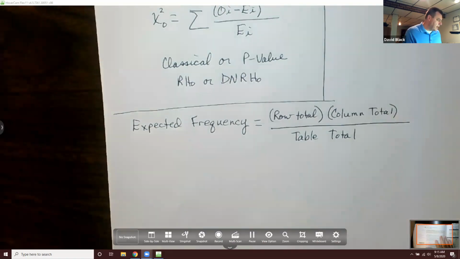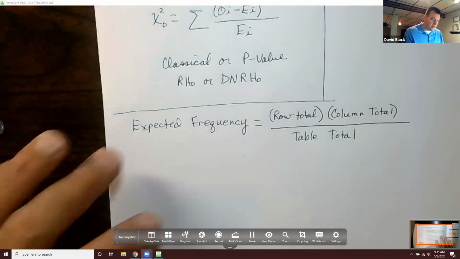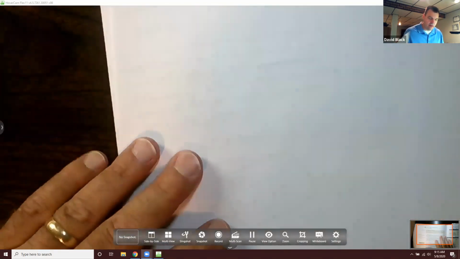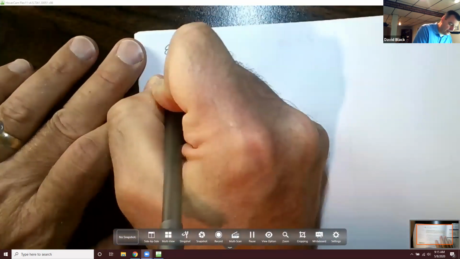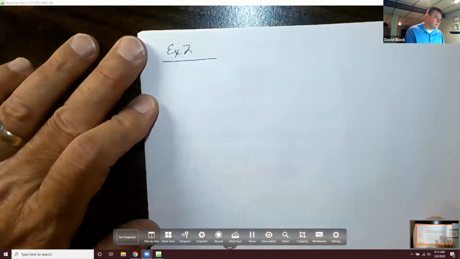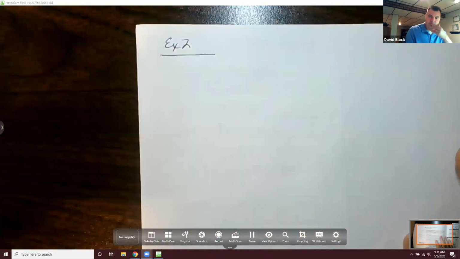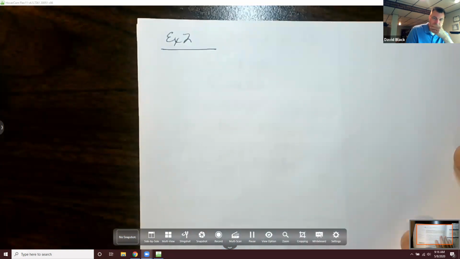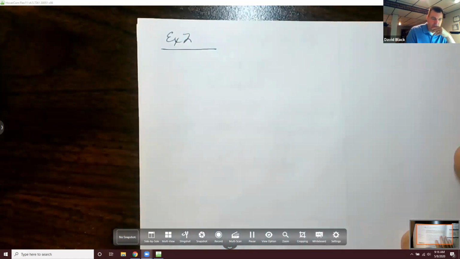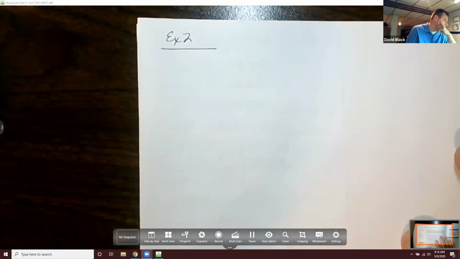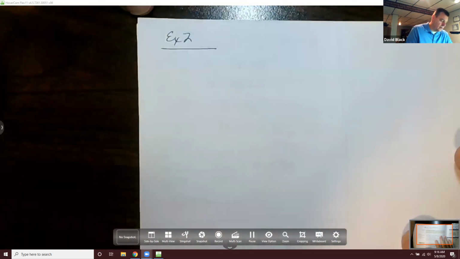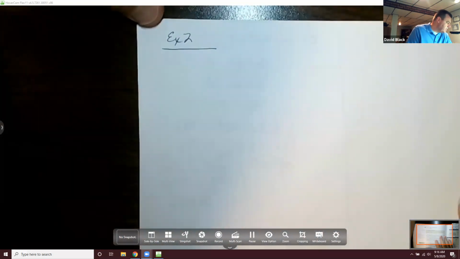All right, well, I think we're ready to go to example 2 now and see if we can make some sense out of this. Okay, so I'm looking at example 2 on page 604. And it says this: does the sample evidence suggest that one's happiness depends on one's marital status?